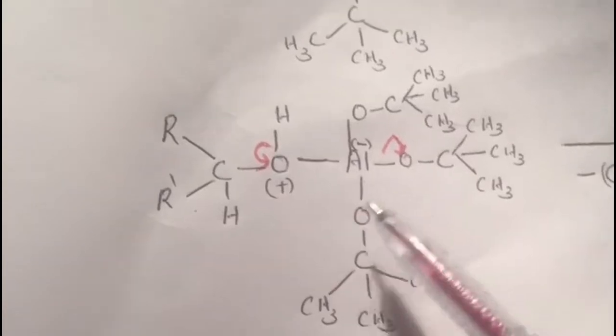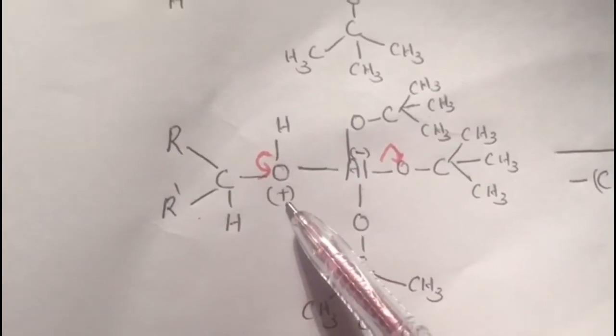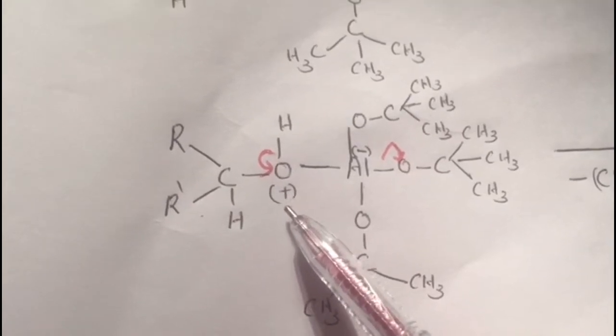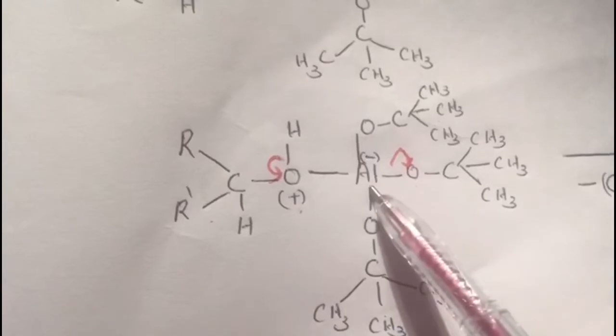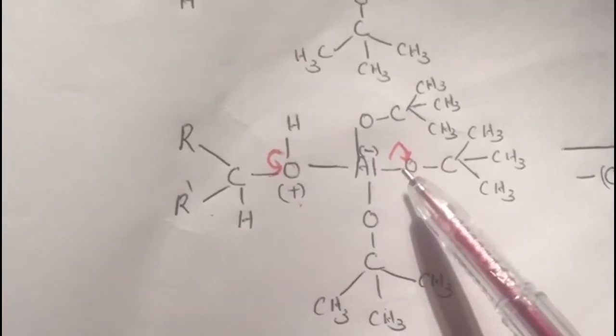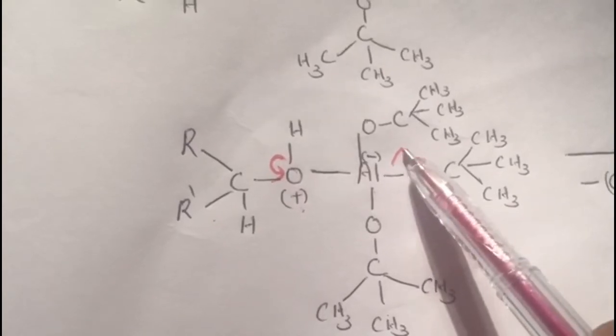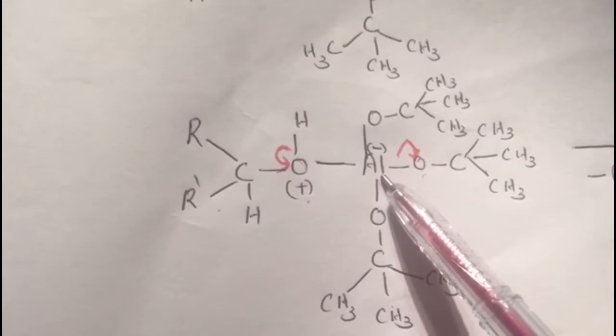So aluminium acquires negative charge and oxygen acquires positive charge. Oxygen is electronegative, and moreover it has a positive charge, so it has to be stabilized. Oxygen is more electronegative than aluminium, so the bond will be shifted, the electrons will shift towards the oxygen atom, so aluminium will be neutral here.